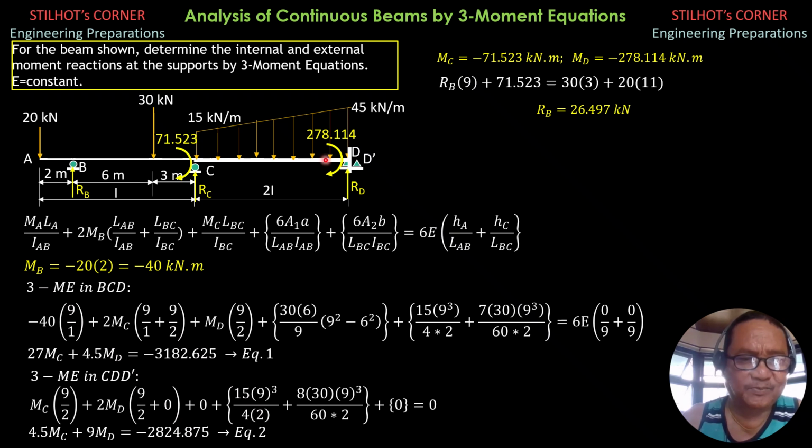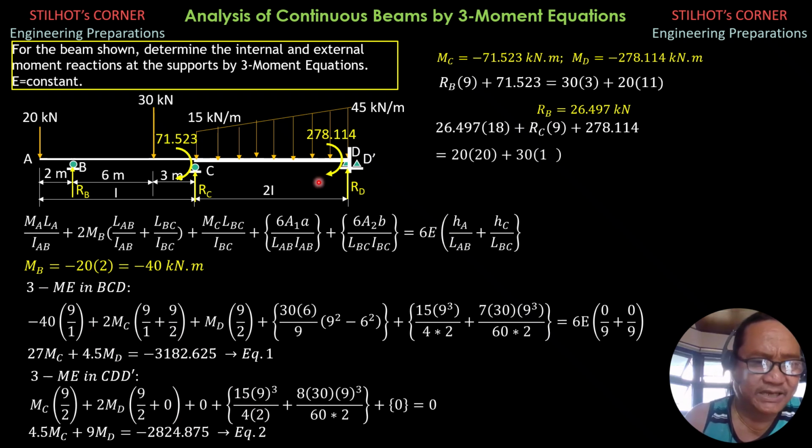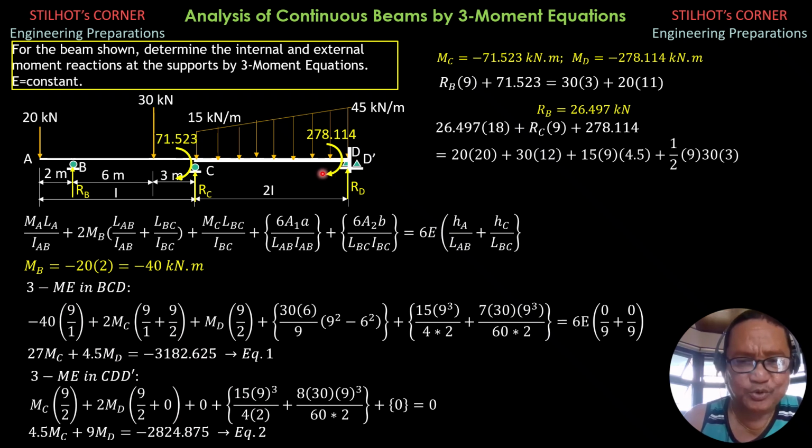Considering the entire span, then we sum up moments about D. 26.497 times 18 plus RC times 9 plus 278.114 equals 30 times 20 times 20 plus 30 times 12 plus the moment of the rectangular loading 15 times 9 times 4.5 plus the moment of the triangular loading 1/2 of 9 times 30 times 3.